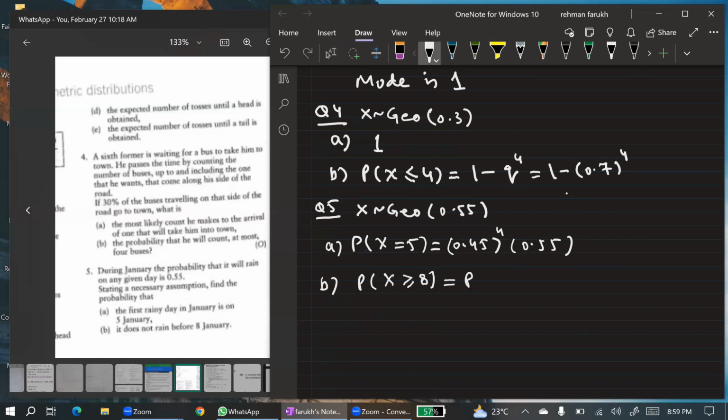Greater than 7, and this one is q power 7, 0.45 power 7. Now these are the different questions in the exercise of the geometric distribution.